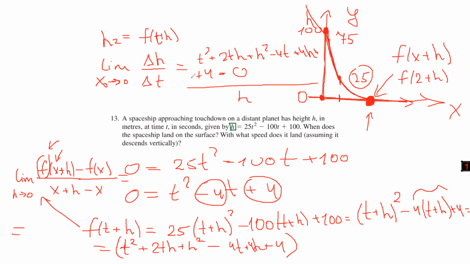Well, what if we took the first equation and then just subtracted it by the equation again? And then we put it all over x plus h, subtract h, and then canceled out the terms. And then plugged in our h value and then our x value, which is 2.